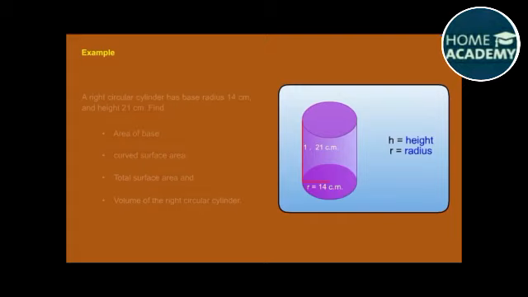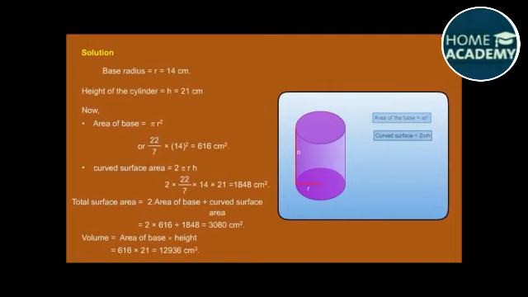Example: a right circular cylinder has base radius 14 cm and height 21 cm. Find the area of base, curved surface area, total surface area and volume of the right circular cylinder. Solution: base radius R equals 14 cm.